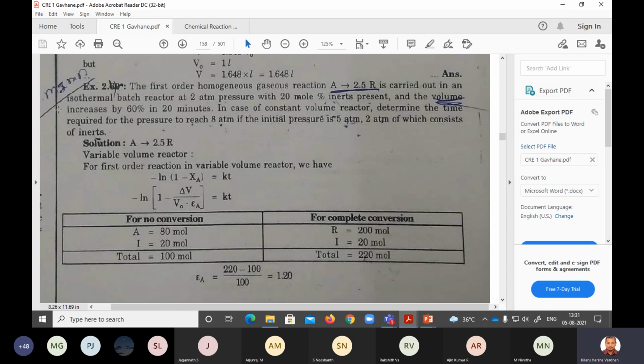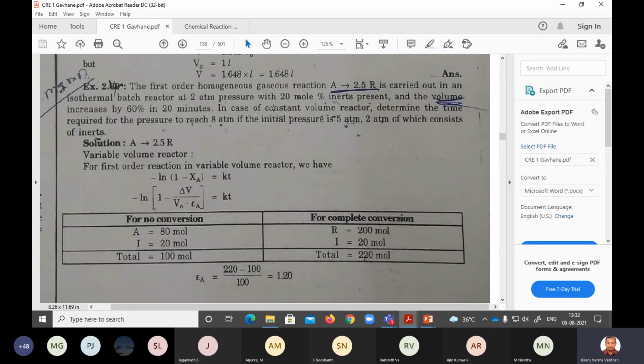It is carried out in an isothermal batch reactor at 2 atmospheric pressure, with 20 mole% inerts present.